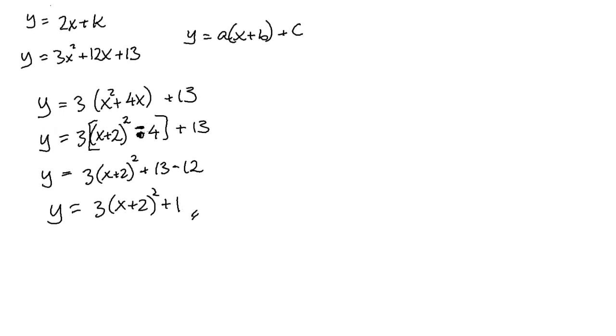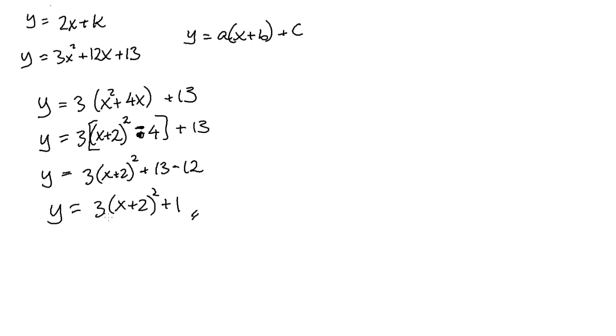And in order to show that this whole thing doesn't go below the x-axis, we need to find the minimum point that this curve will ever reach. The smallest value this can achieve is when x plus 2 is 0, and it doesn't matter if it's a positive or negative number because it's squared, so the magnitude has to be as small as possible, and the smallest magnitude you can get is 0.